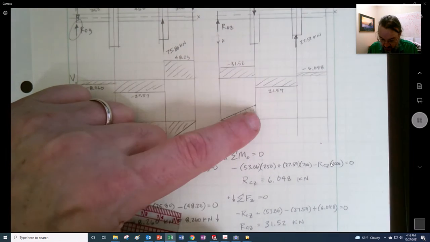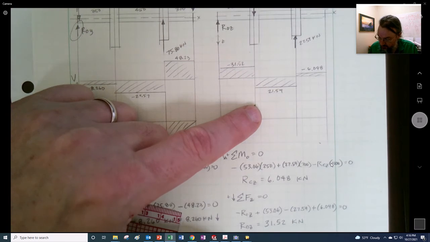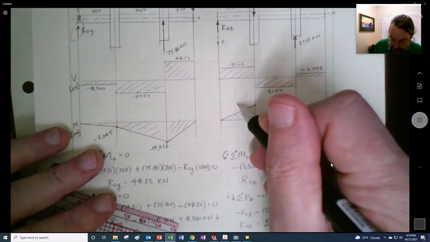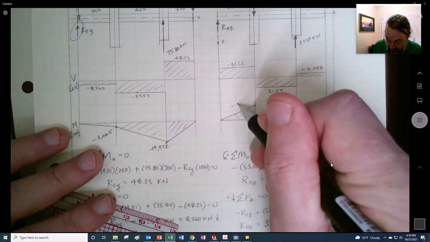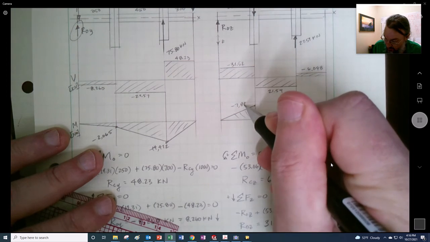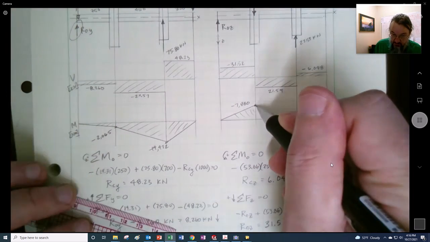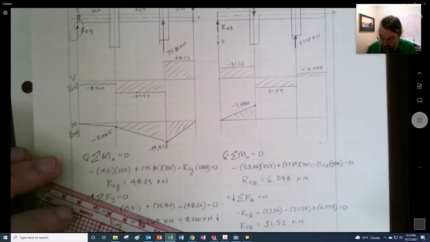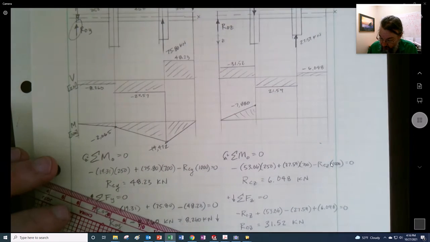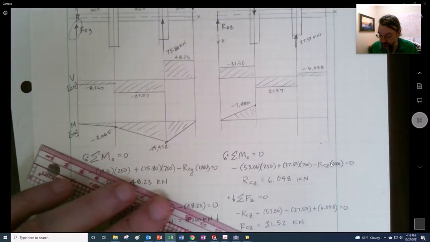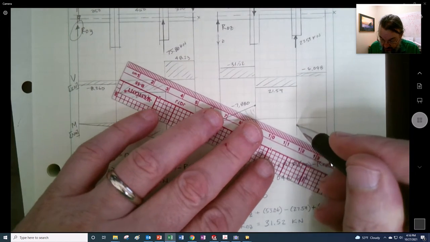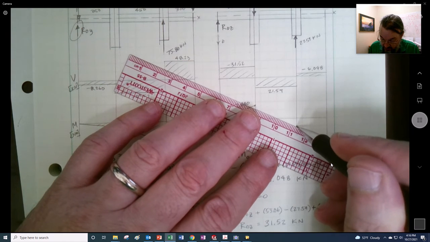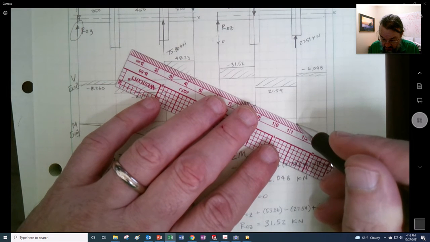31.52 times my 250. All right, so that's going to be negative 7,800 right here. And then we're going to go 21.54 and multiply it by 450, but it's going to be other direction. So sure enough, yes, it comes down over to here, but not by a lot.